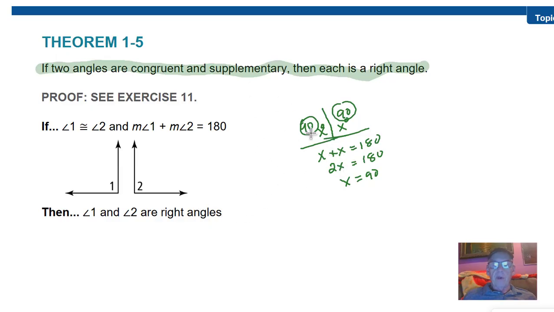And by the theorem before, if an angle measures 90 degrees, it must be a right angle. This is our proof part. This is our given. And this is done in exercise 11 in our problem set.